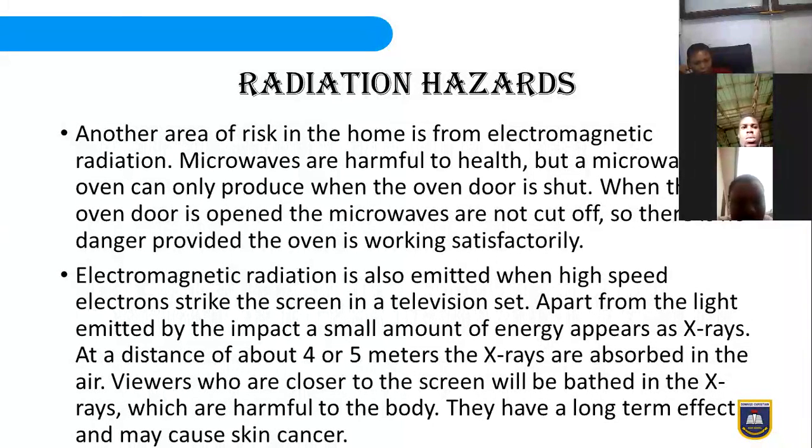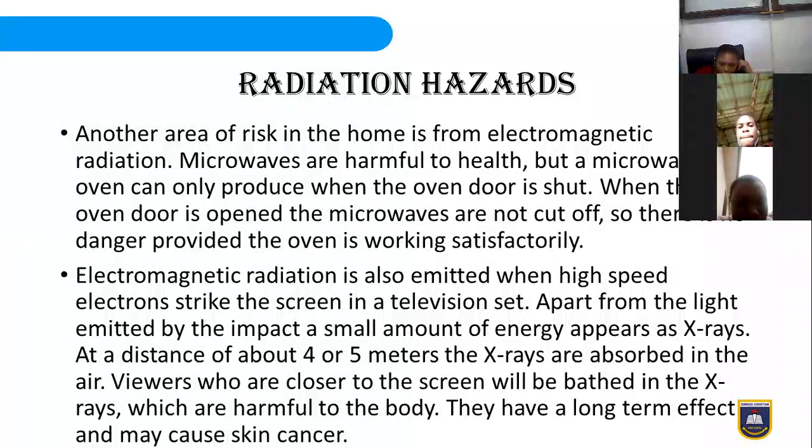But when the door is open, the microwave is off, it is safe. That is the reason why anytime you are working with a microwave oven, it's advisable that it's always closed. And he said at a distance of about 4 to 5 meters, the X-ray will be absorbed in the air.